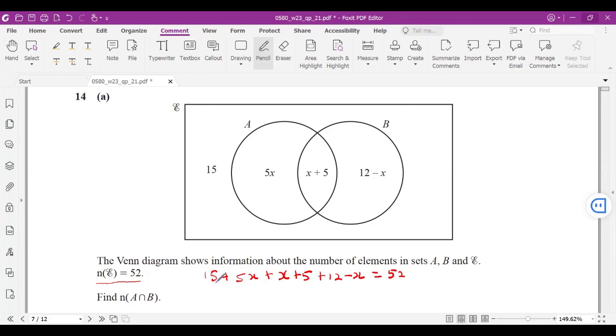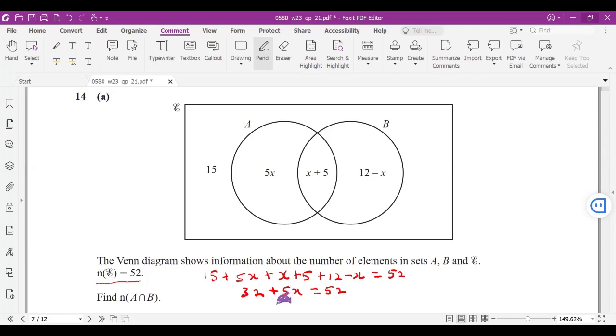So here, when we add everything together, we are going to get 32. That's 15 plus 5, that's 20, plus 12, we have 32. And we have 5x plus x, 6x minus x, it gives us 5x. And here is 52.